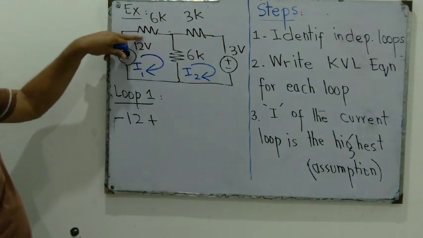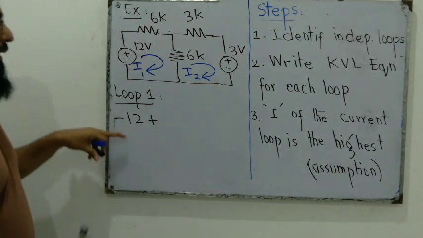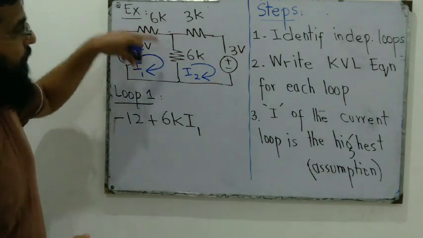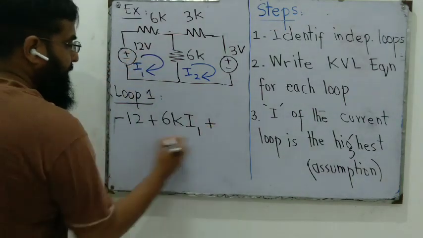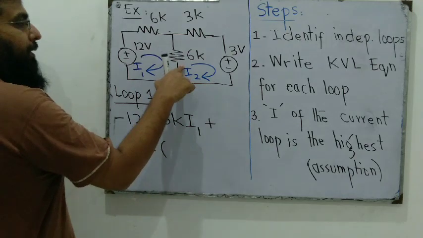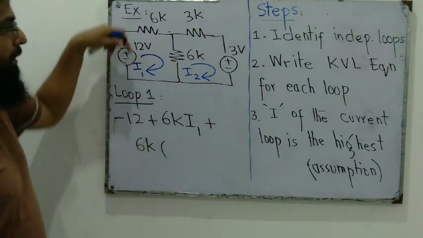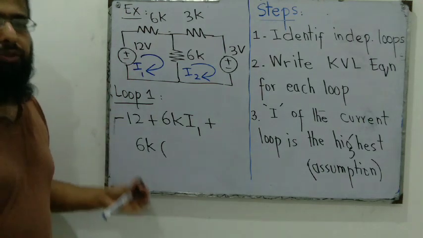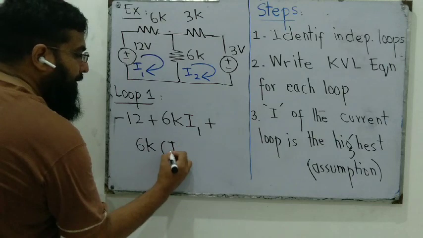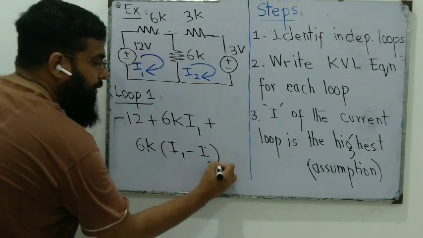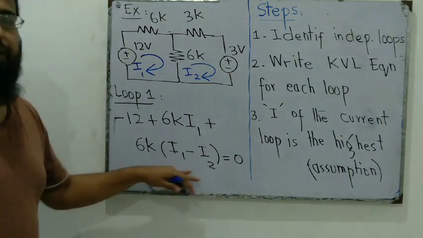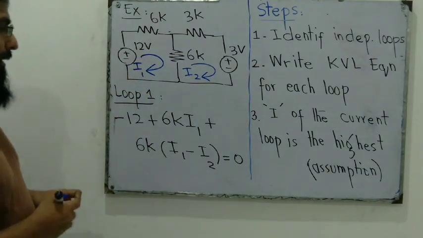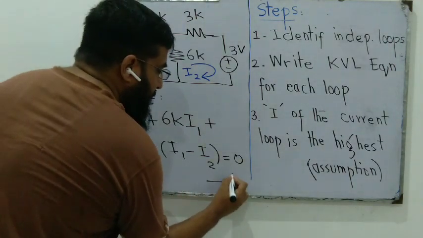Plus this I1 flows through 6K and according to Ohm's law it creates a voltage drop across it, which is 6K times I1, and then it flows through the other 6K resistor. Through this 6K resistor we have two currents, I1 going downwards and I2 going upwards. But since we are in loop number 1, we'll assume I1 to be the higher, so we'll write 6K times (I1 minus I2) equal to 0 instead of I2 minus I1, because we have assumed its current to be the highest. So we have written the first equation.